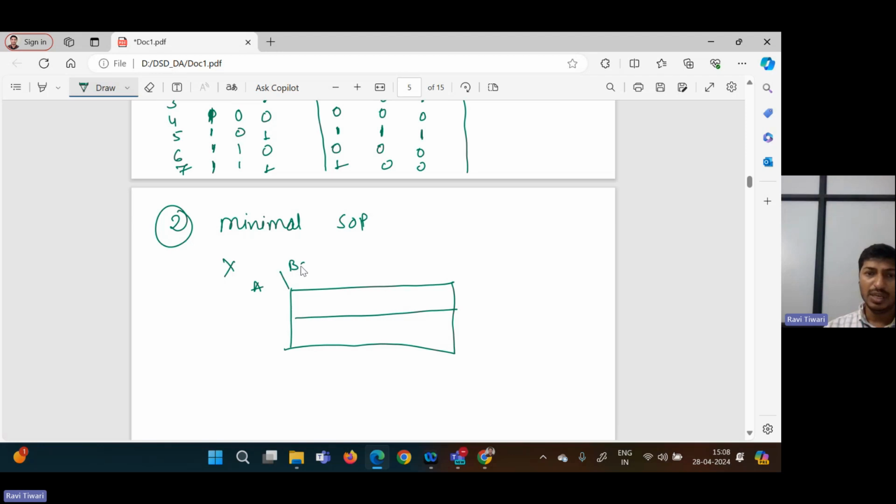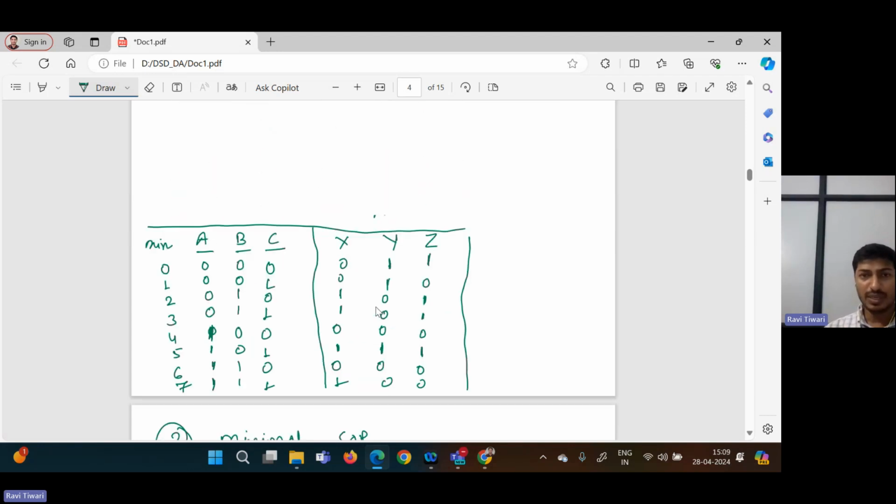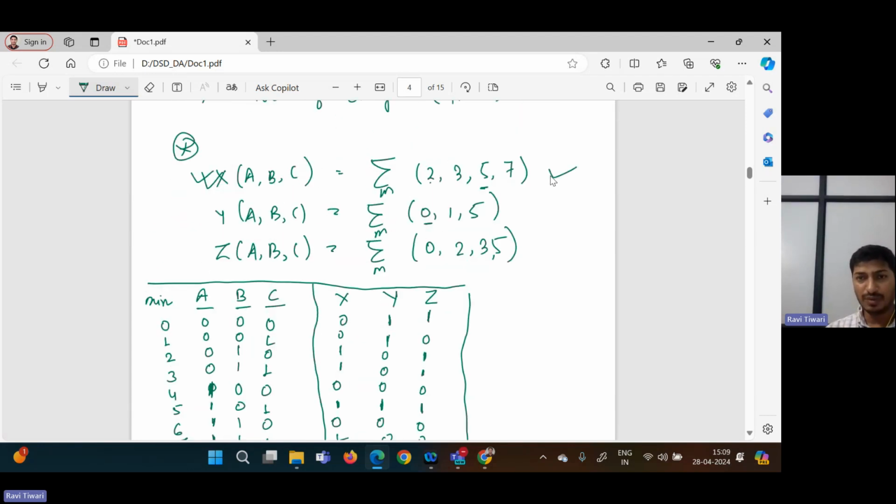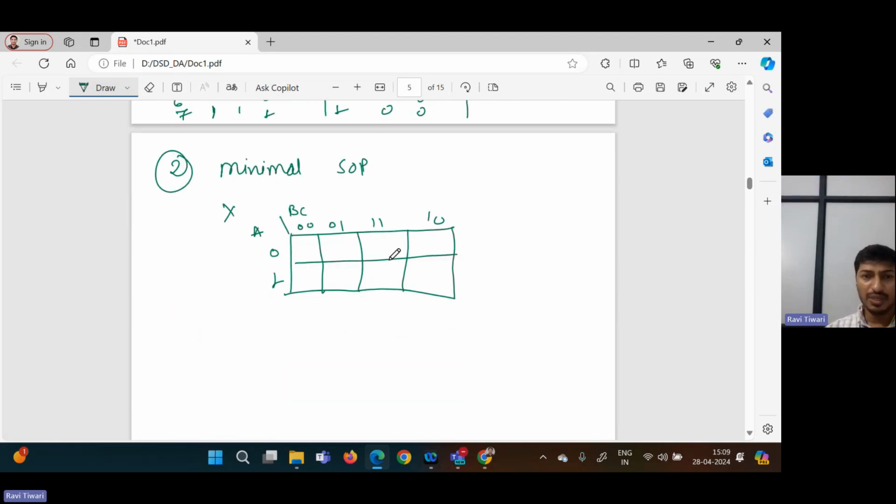So this is 0, this is 1. And as you know, K-map uses the gray code. So 0 0, 0 1, 1 1, and 1 0. Now, as it's available at 2, 3, 5, 7, I will write it down here. This is 2, 3, and this is 5, and this is 7.